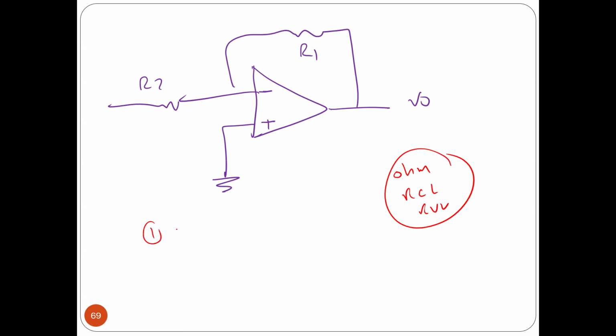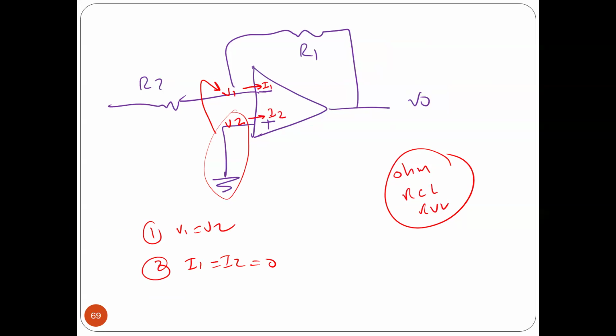Number one, V1 should equal V2. Usually V2 is given to you, and you use it to calculate V1. So you have this voltage, and you make it equal to this voltage. The second thing you can use is I1 equals I2 equals 0. I1 is the current here, and I2 is the current here, and they are equal to 0.